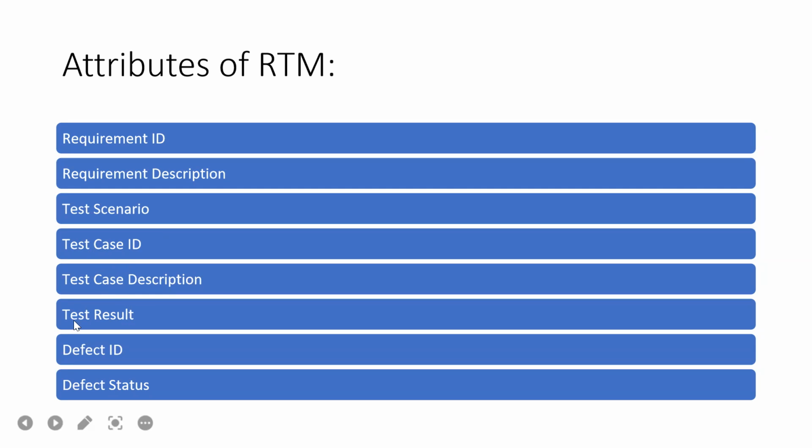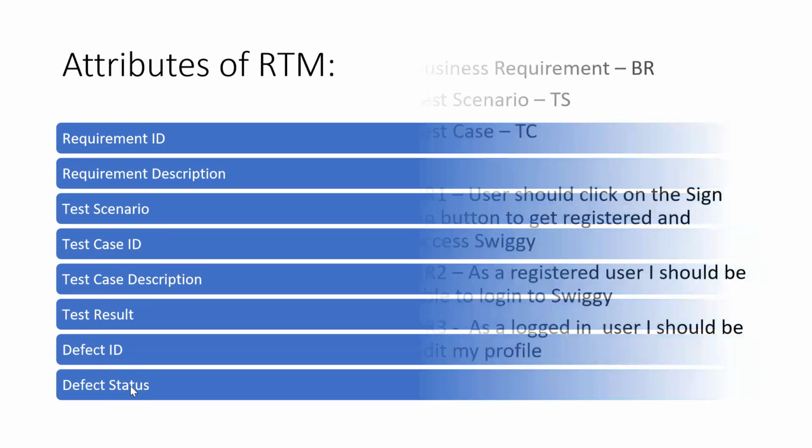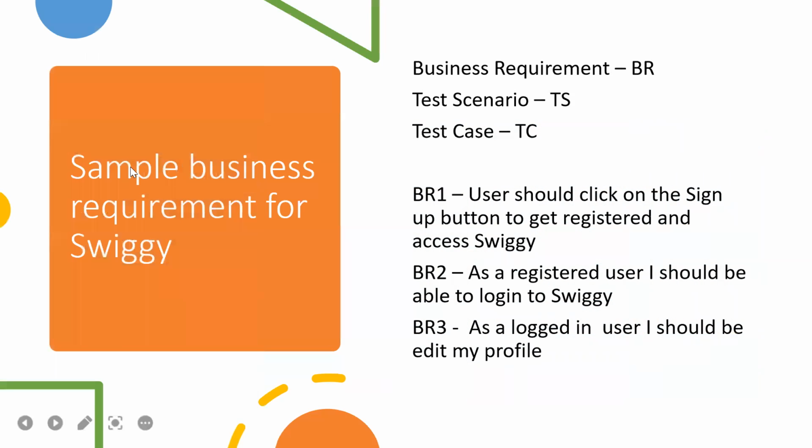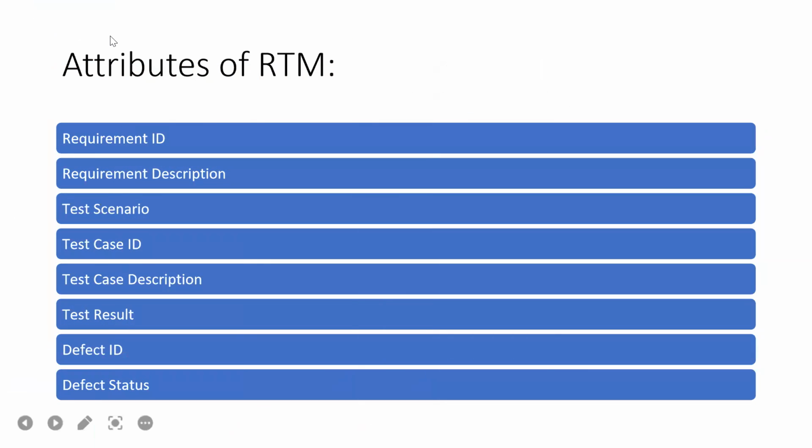For this test case you would have got a test result, which you should put in, and based on the test result, if you have a defect, you have to have a defect ID and defect status. So this is all about the requirement traceability matrix.